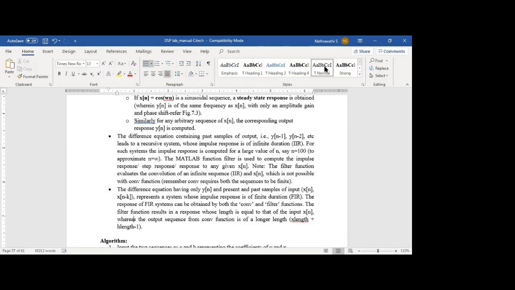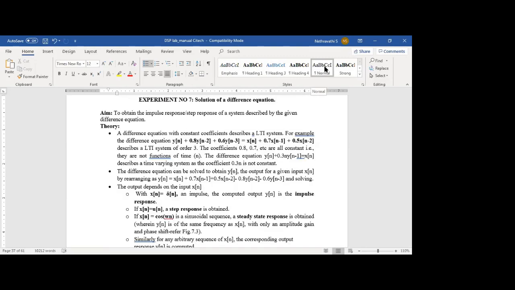So I'm just taking a difference equation here. In this difference equation, the parameters, that is 0.8, 0.6, 0.7 or 0.5, are all constant values, and they are not varying with respect to time. Will it vary?